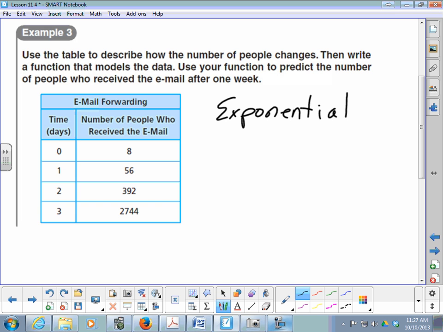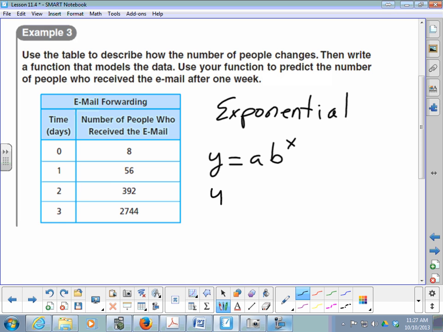All right. So that means we're using y equals a times b to the power of x, because it's exponential. A is my starting value. How many are we starting with? 8, right? At day 0, there's 8 people. Okay, and what happens to get to the next day and the next day and the next day? What are we doing? We're multiplying by 7.